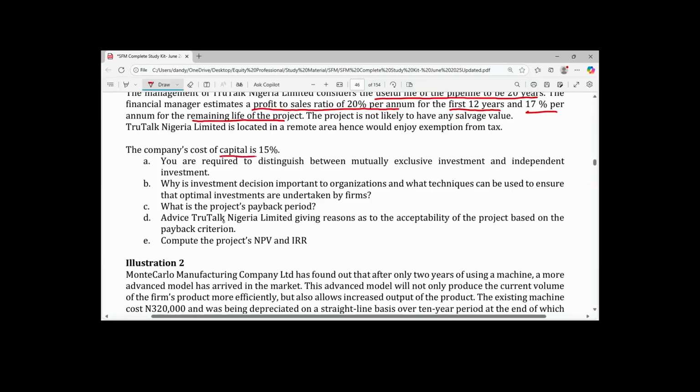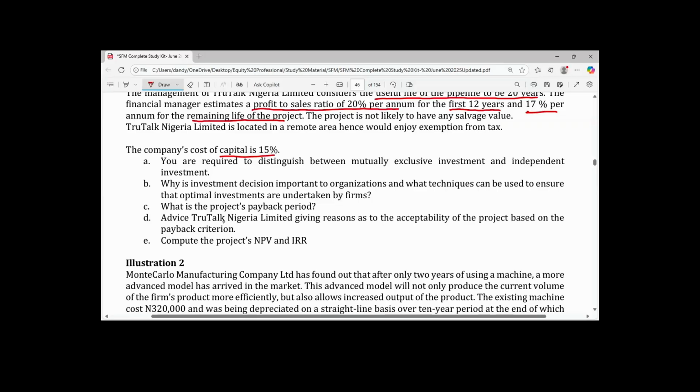You are required to: A. Distinguish between mutually exclusive investment and independent investment. B. Why is investment decision important to organization, and what technique can be used to ensure that optimal investments are undertaken by firms?